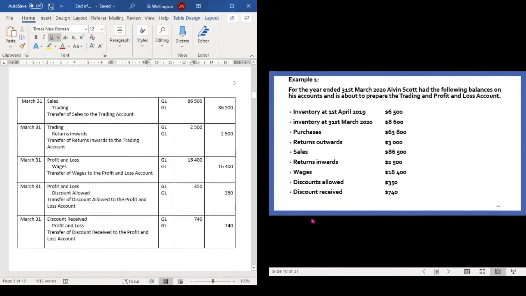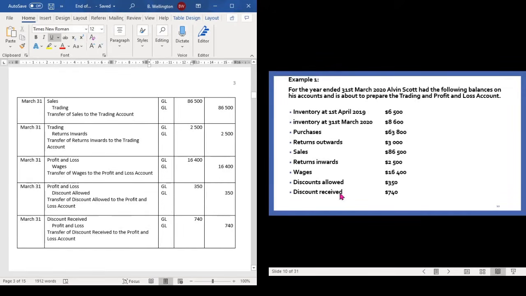Now, finally, the discount received. This is a revenue. This is going to cause your income to increase. This is going to cause your profit to increase. So this time you're going to credit the profit and loss account. Okay?